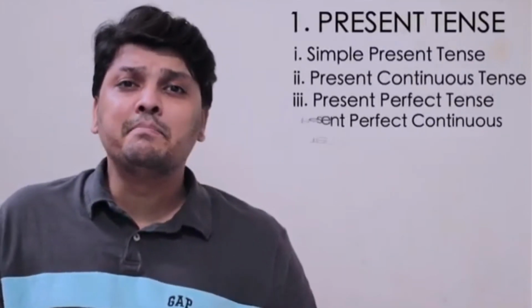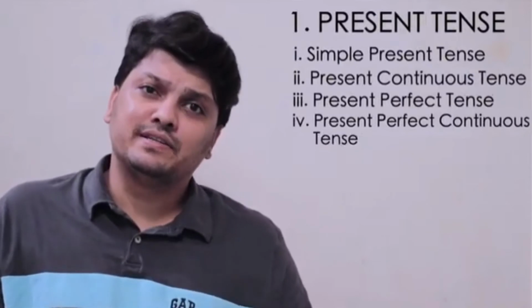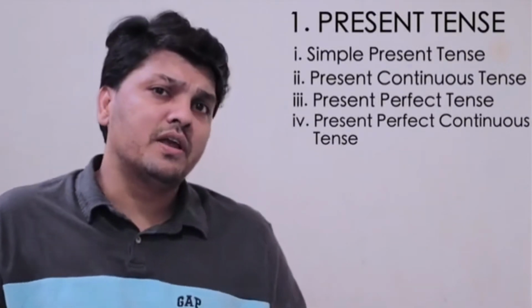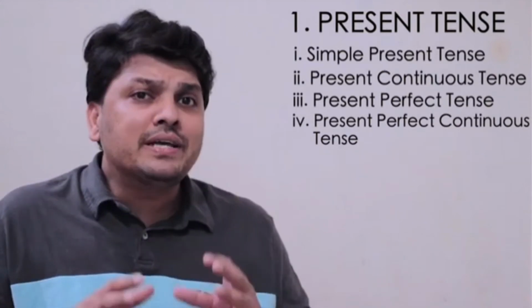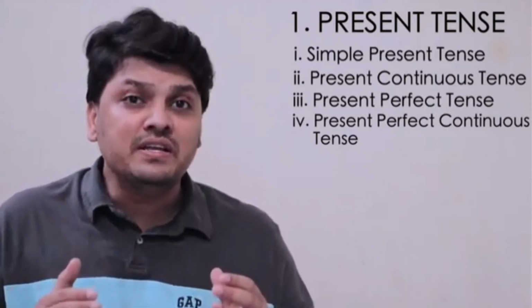So let's come to the fourth part of present tense, that is present perfect continuous tense. Now students, what is present perfect continuous tense? It means the action had begun in the past, but it's still going on in the present.